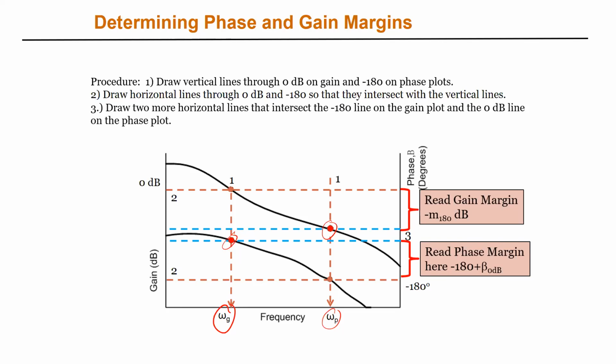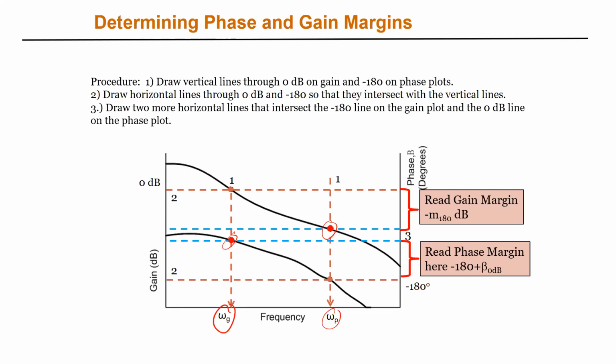It is a scenario, Doctor. But the most important thing is that the 0 dB and minus 180 should not lie above each other, or we shouldn't have a positive gain and a minus 180 phase.